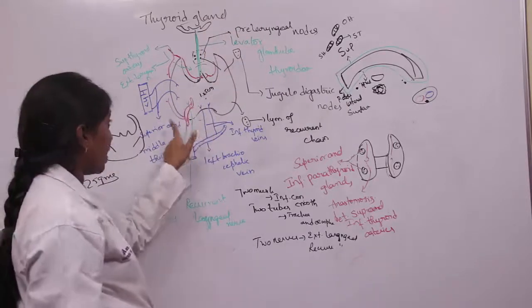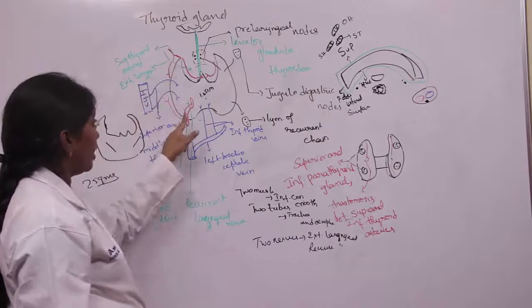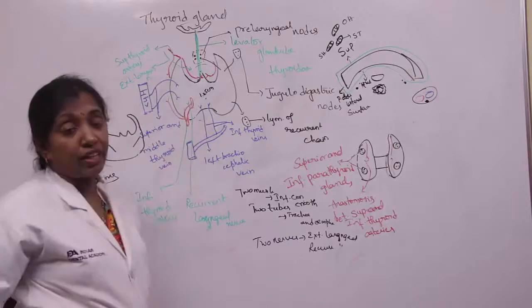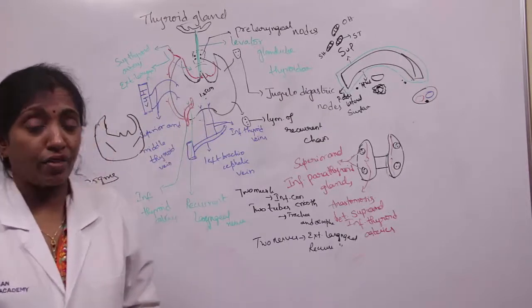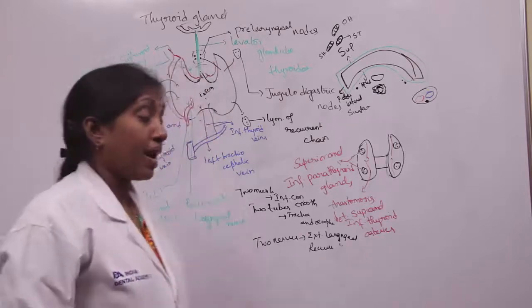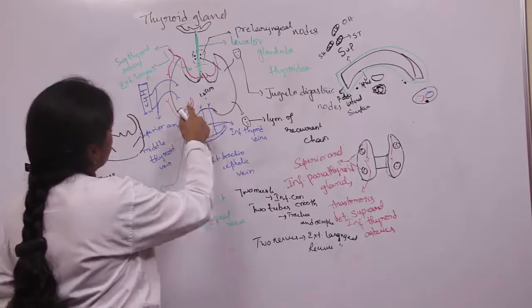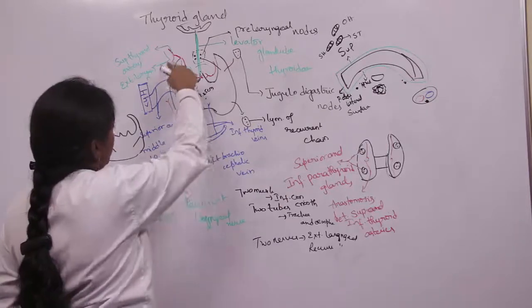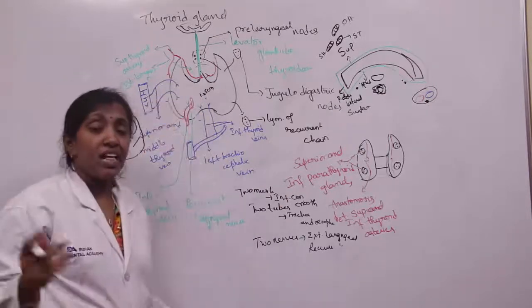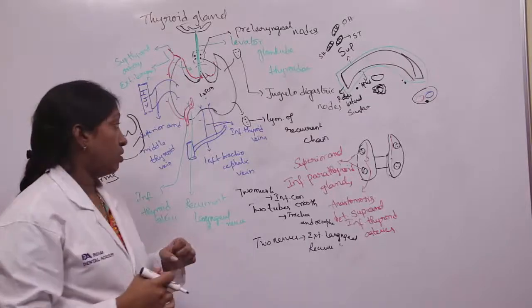And the inferior thyroid artery is a branch of the thyrocervical trunk of the subclavian artery, second part of the subclavian artery. It forms a loop here, and along the posterior border, a branch from the superior thyroid artery and inferior thyroid artery anastomose with each other.